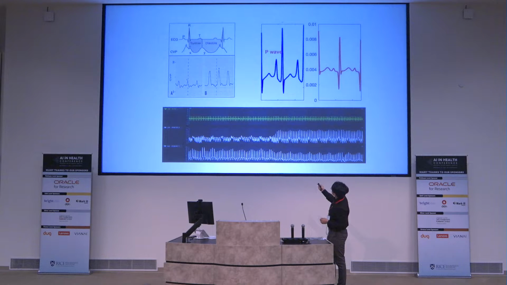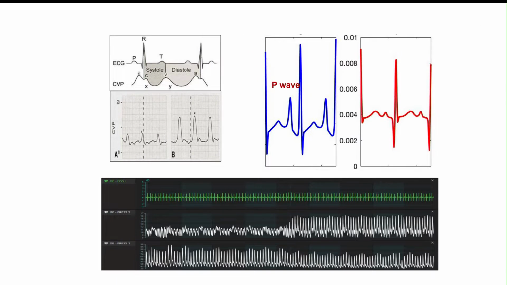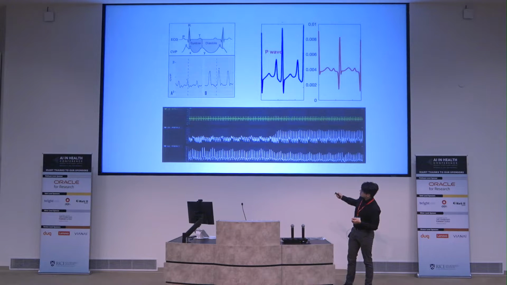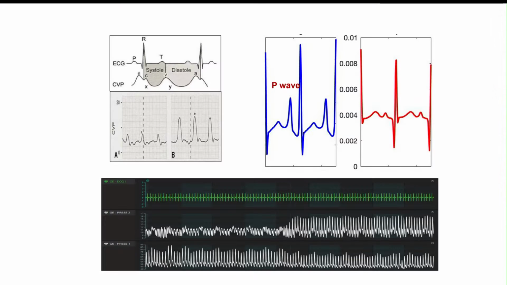P wave is the first top part of the heartbeat, and then the bottom part. When that P wave is very small or missing, this is when this type of tachycardia is happening. And an ECG is going to look like something like here in the bottom, right? So you can imagine that around here in the middle is where the problem started to happen.